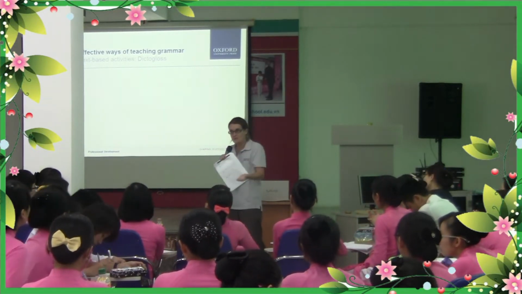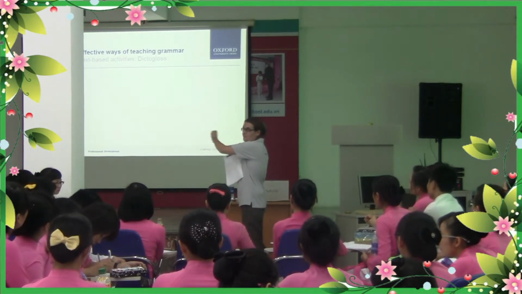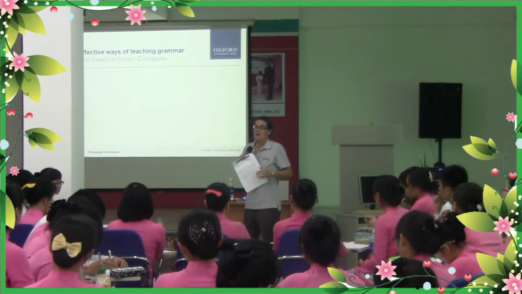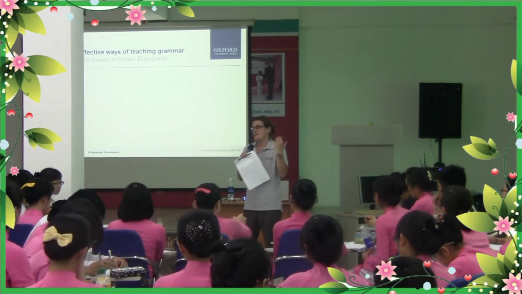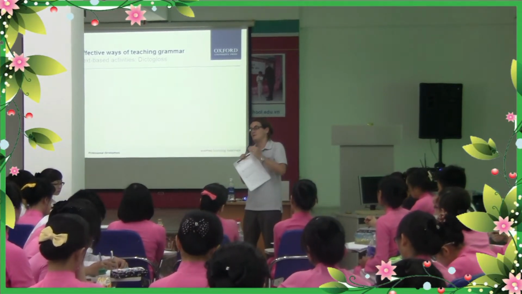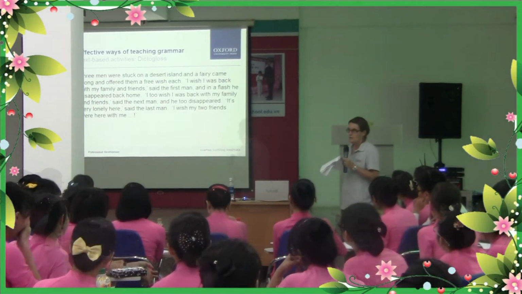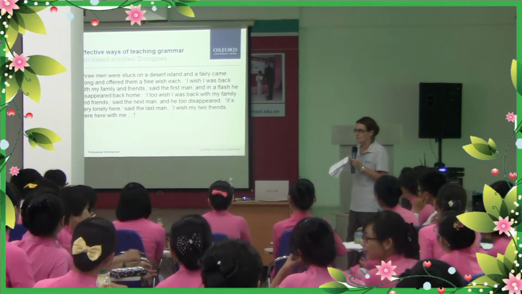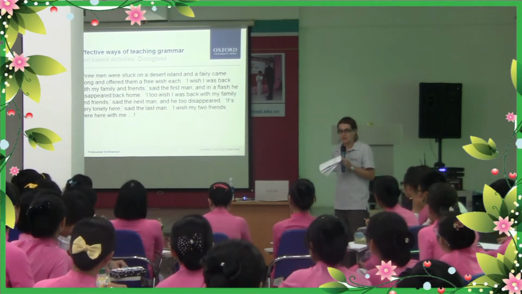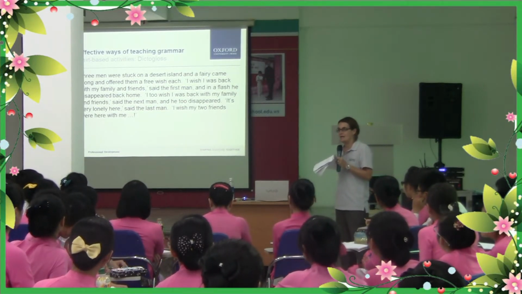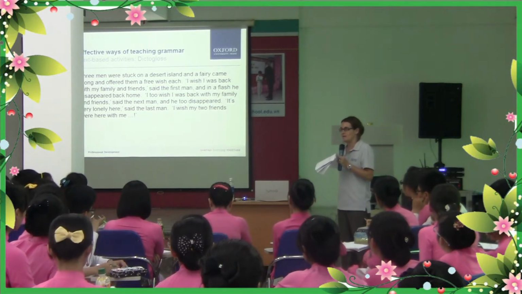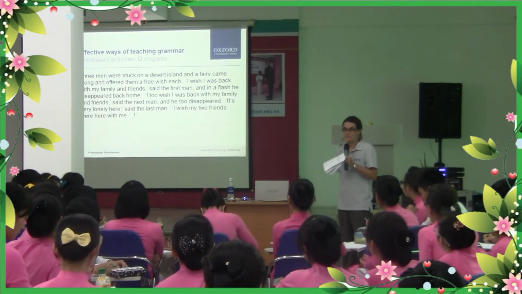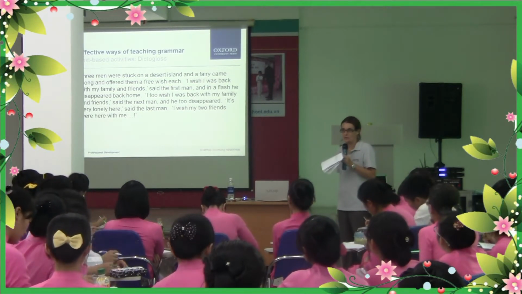Maybe ask one student to come and write the first sentence and then the second sentence, etc. And you would compare their text with the original. Once you have compared with the original, you would ask your students to underline all of the examples of wish. This is our target language, wish.